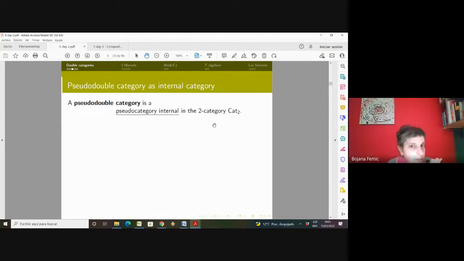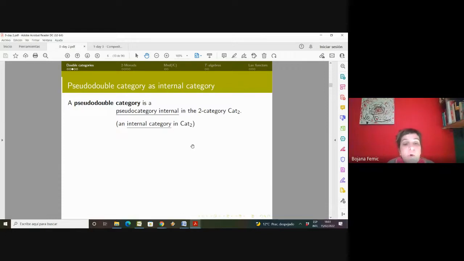I don't remember if it is internal. Pseudo categories, I think, is the name. But throughout, I will not use the terminology pseudo category. Rather, I will just say internal category in the two category, because already when I say internal in the two category and not in one category, I know that I will have more structures. And I don't want to complicate with the name pseudo category.